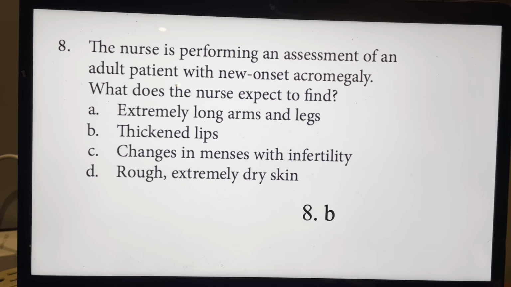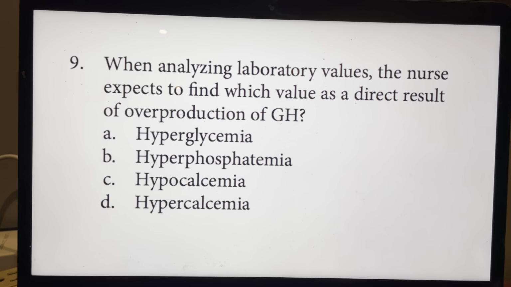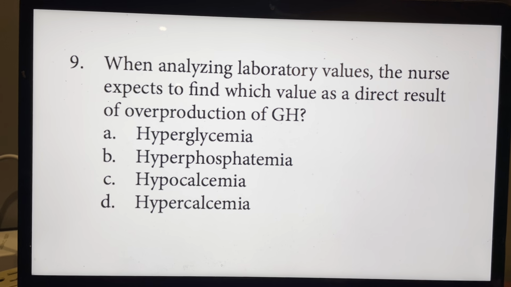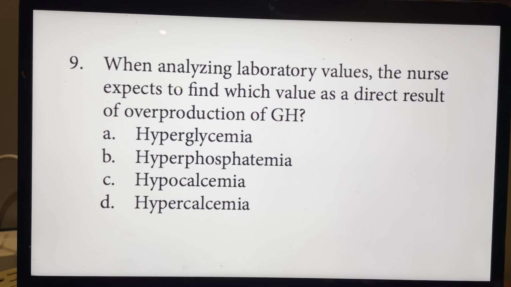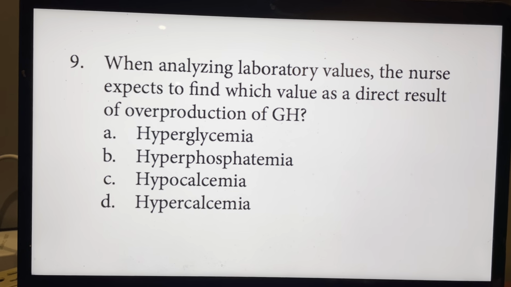Look up acromegaly and look at the picture they got in there. When analyzing laboratory values, the nurse expects to find which value has a direct result of the overproduction of growth hormone. Hyperglycemia, hyperphosphatemia, hypocalcemia, or hypercalcemia with the overproduction of growth hormone? Okay.